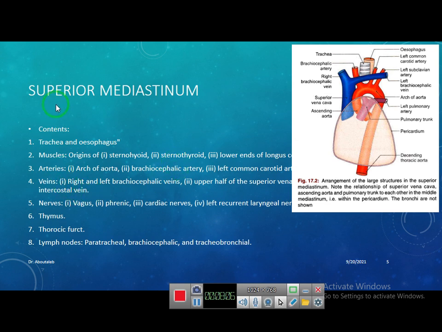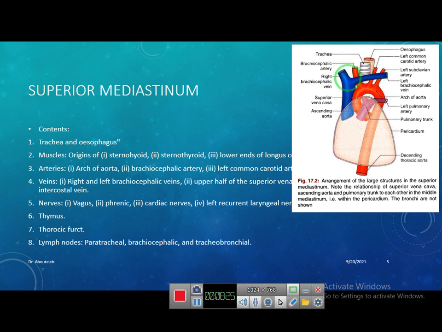Another content of the superior mediastinum is arteries. There is the arch of aorta that I'm showing to you. Here is the arch of aorta.